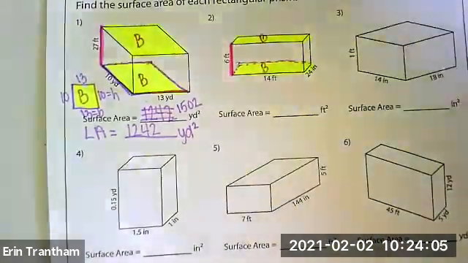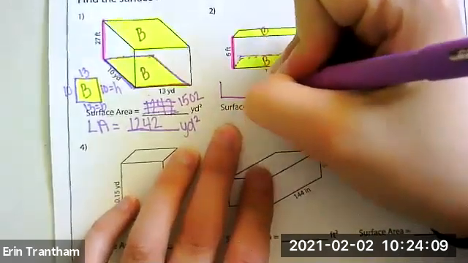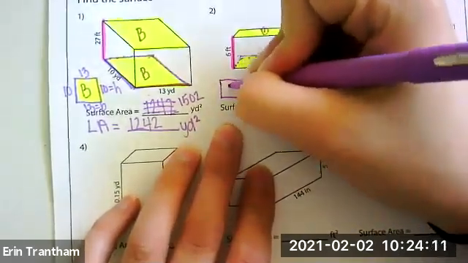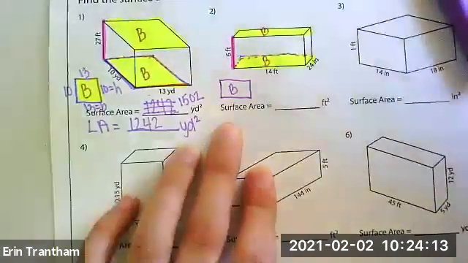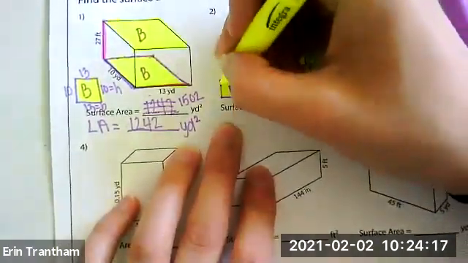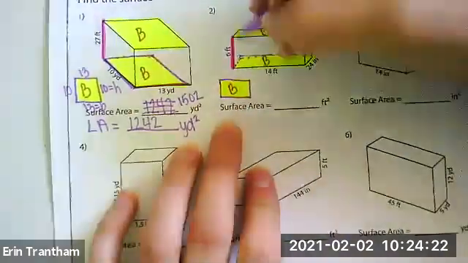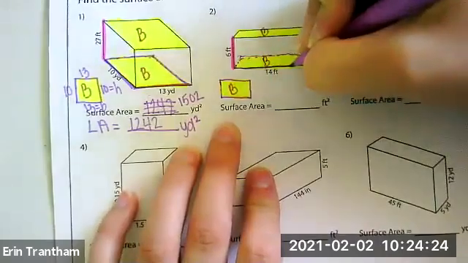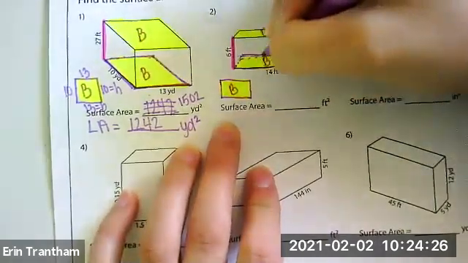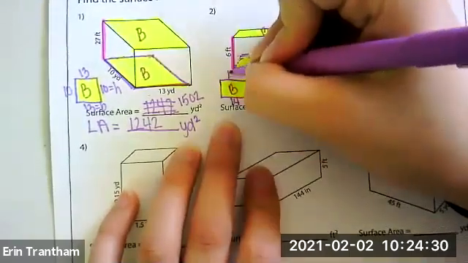We're going to draw the base over here. Okay. If this is 14, then over here, this is 14. So I'm going to label this 14 and this 14.